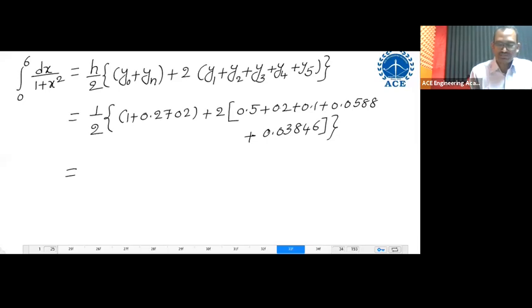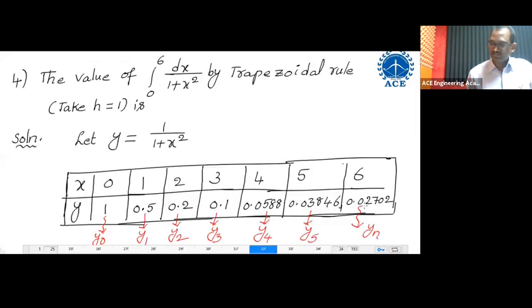Once again, check the answer. No, 1.52 is wrong. 1.410, or 1.4095. Please verify and let me know the answer. The last value is 0.027, fine.